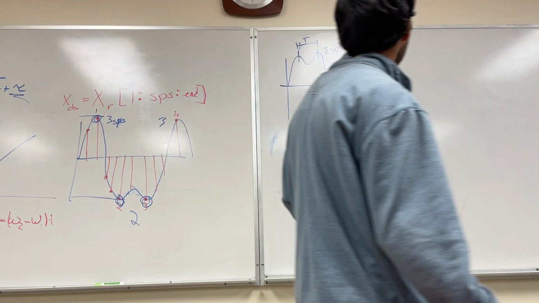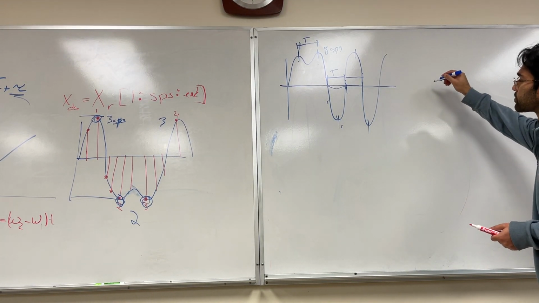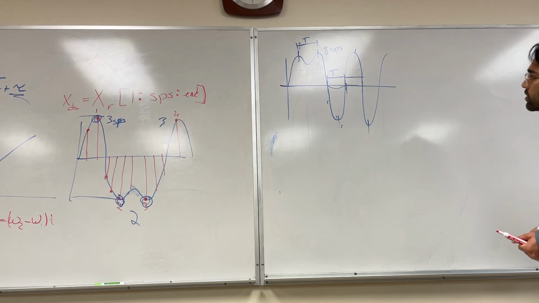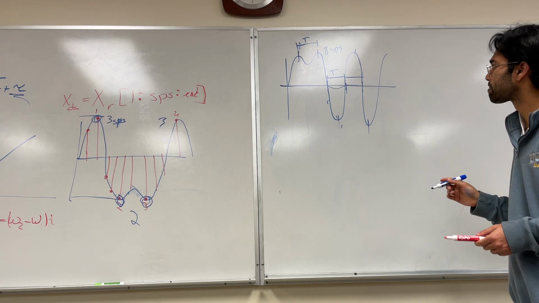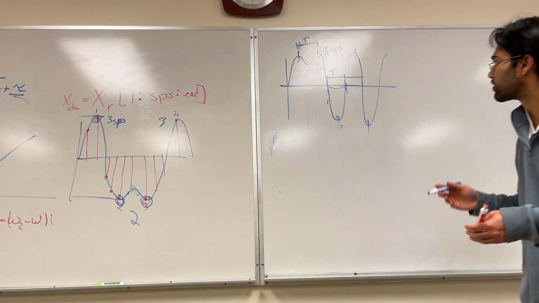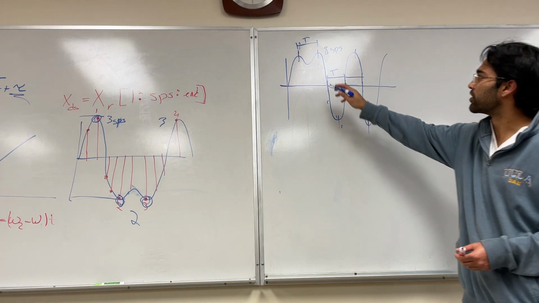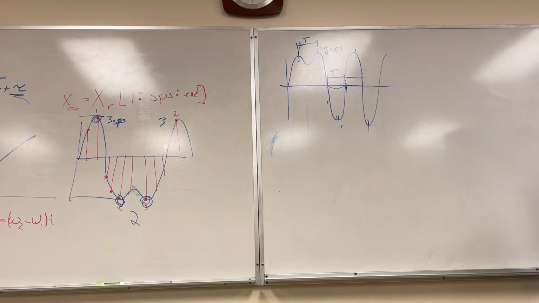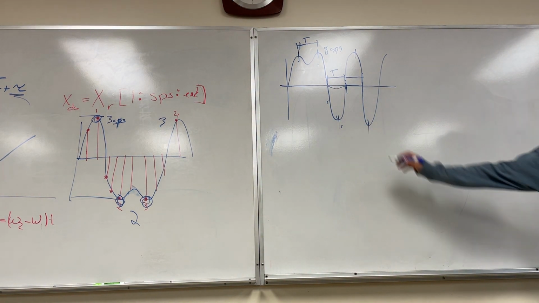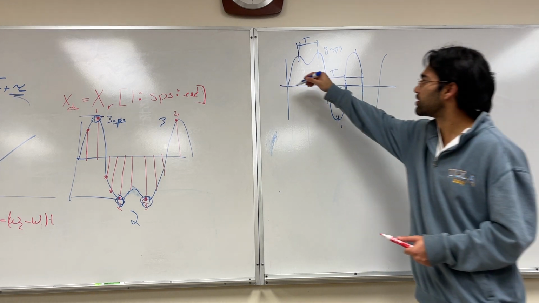The idea would be, okay, well, clearly these zero crossings don't occur every t, right?